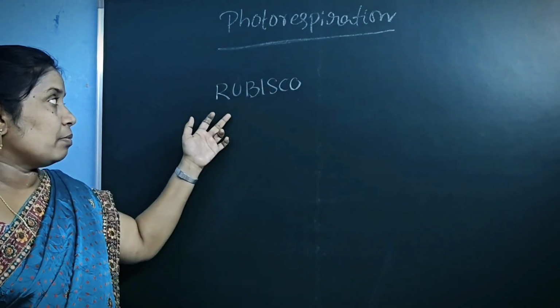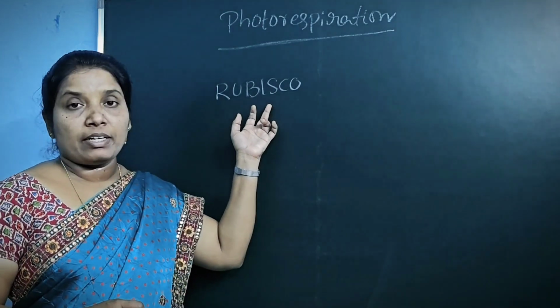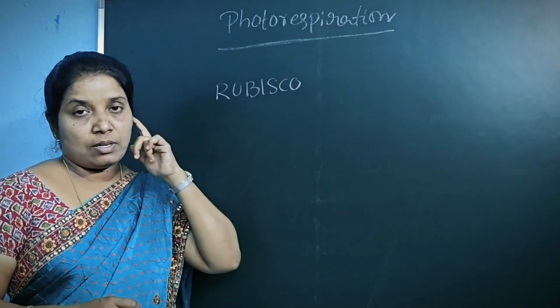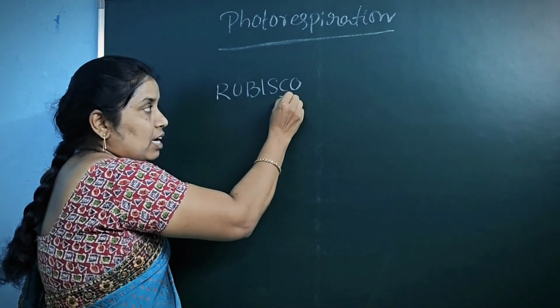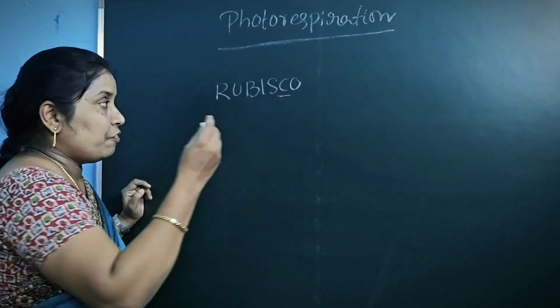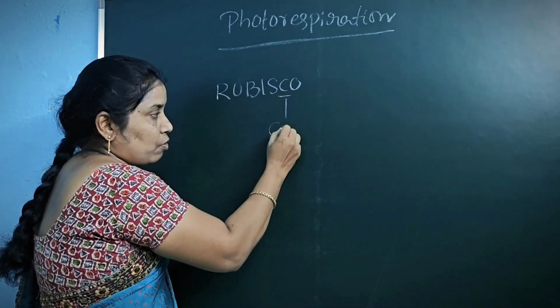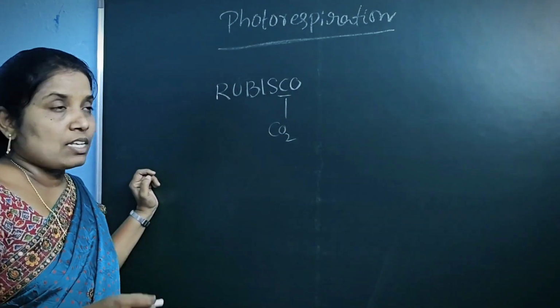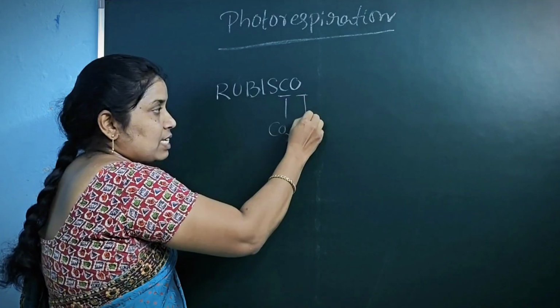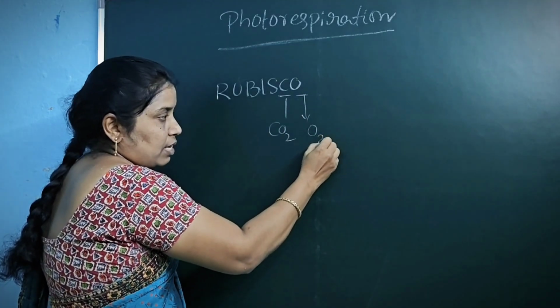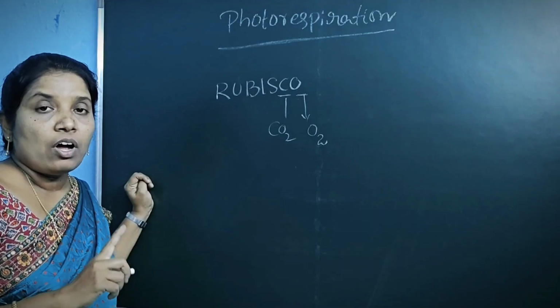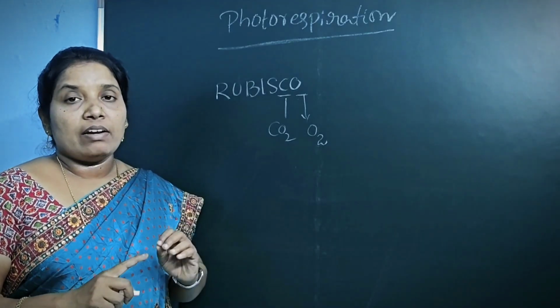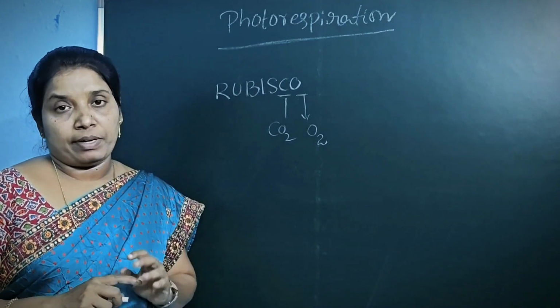RuBisCO is nothing but ribulose bisphosphate carboxylase oxygenase. So it has the dual nature. If it acts as a carboxylase, it fixes the atmospheric CO2. If it acts as an oxygenase, it fixes the atmospheric oxygen. So that is the dual nature. Due to the dual nature of the RuBisCO enzyme, photorespiration occurs.